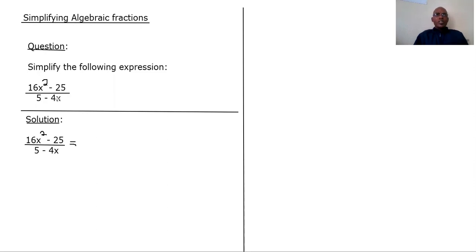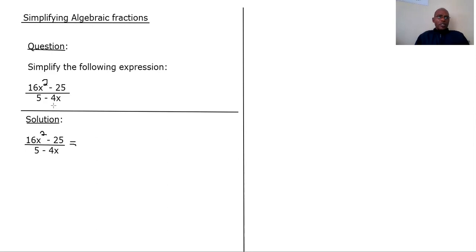We cannot reduce a fraction without factorizing the expression in the numerator and the denominator. So we must make sure that we factorize the numerator and denominator first before we reduce it to the lowest term.